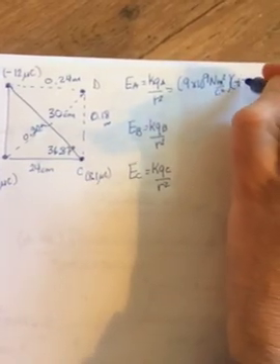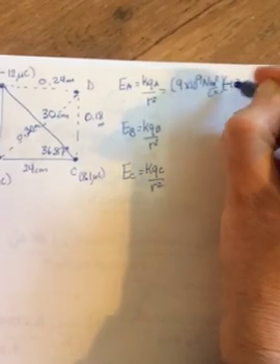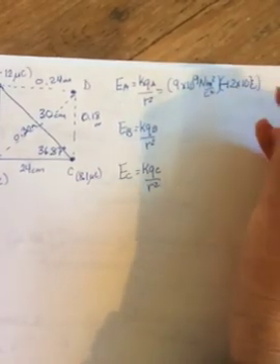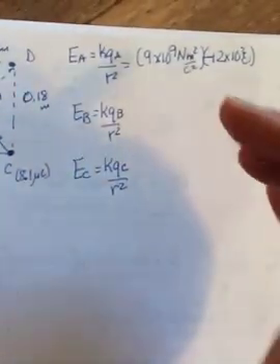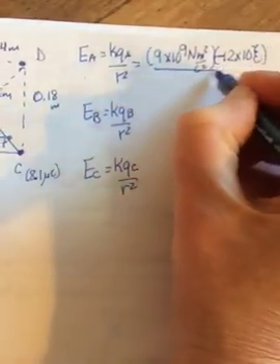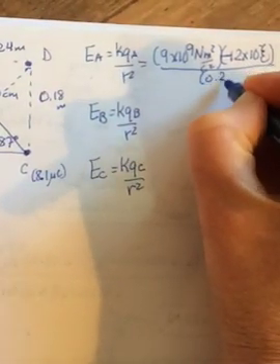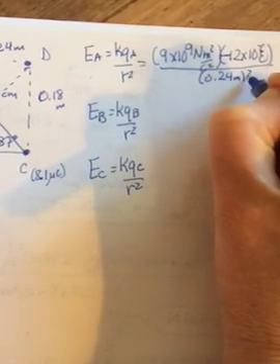Q_A is negative 12 times 10 to the negative 6. And I'm not going to move my decimal right now. I'll just type it in my calculator as negative 6, and it will be able to cope. And then my r was 0.24 meters. And remember, that's squared.